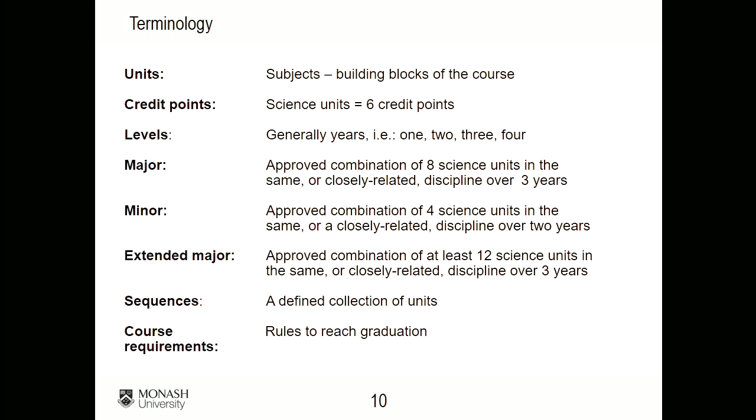You can, and I've seen students do this, but it means that you don't really have much elective space. You can also complete 2 majors and a minor, all in science, but it does mean that you need to forward plan quite a lot. So sequences are a defined collection of units, and when we're talking about course requirements, we're really referring to the rules of your course in order to reach graduation.